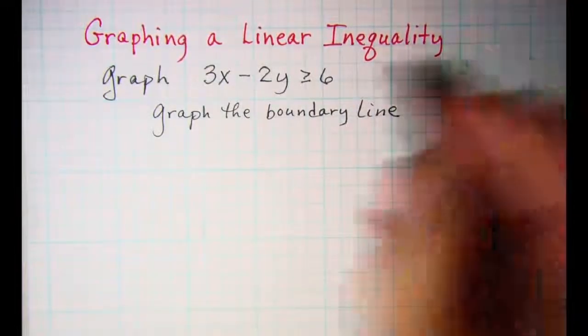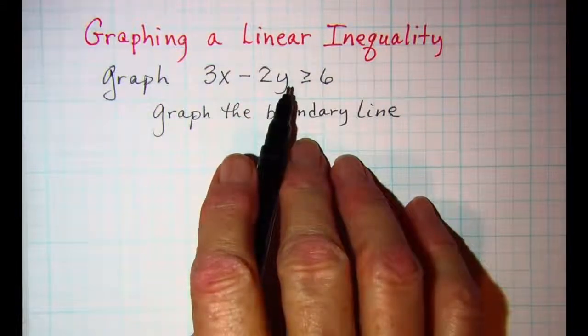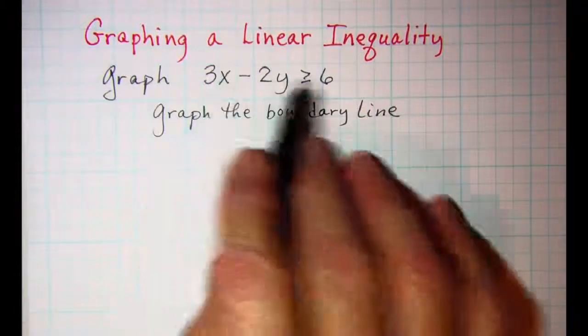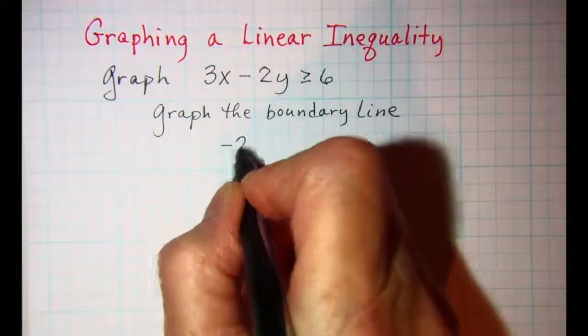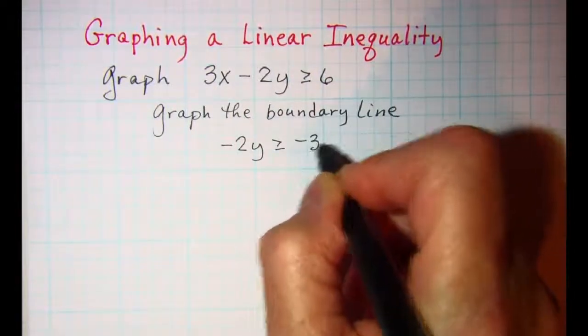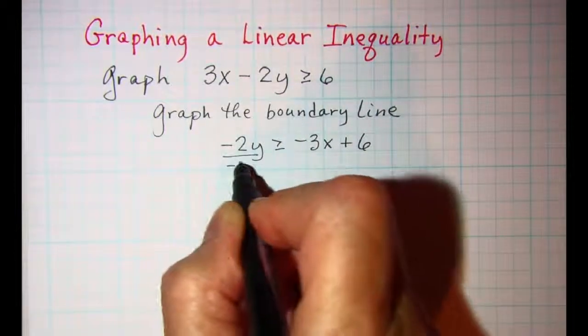So we'll do that by changing this to y equal mx plus b form to get our slope and our y-intercept. So let's subtract 3x from both sides. And then divide both sides by -2.